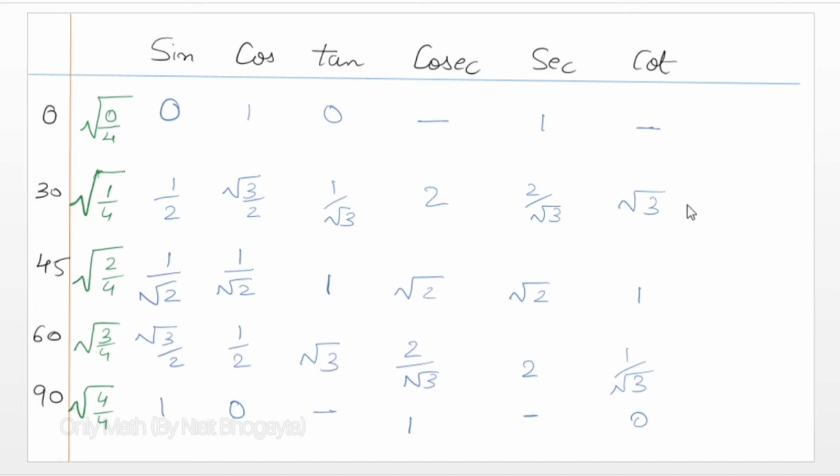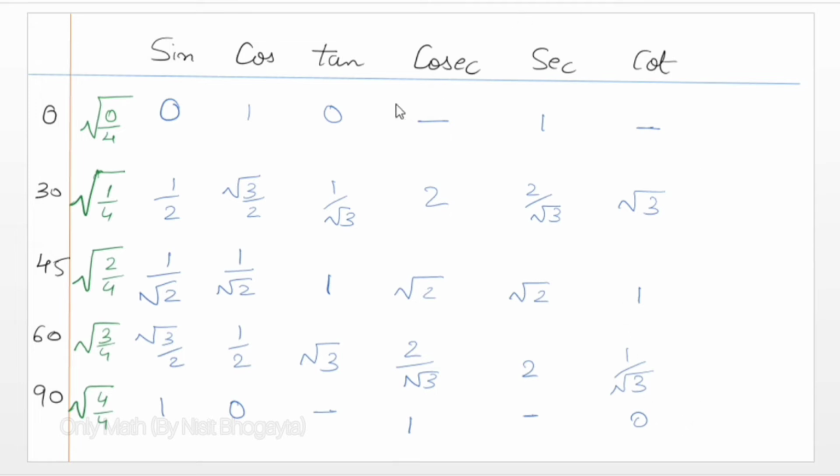Same thing works for cot, that tan and cot are even reciprocal of each other, and they also share the same property, that tan of 0 degrees will be cot of 90 degrees. Tan of 30 degrees will be cot of 60 degrees. So either you can just flip this, like you can put this undefined in the starting and you can write root 3 here, 1 here, 1 over root 3 here, and 0 over here.